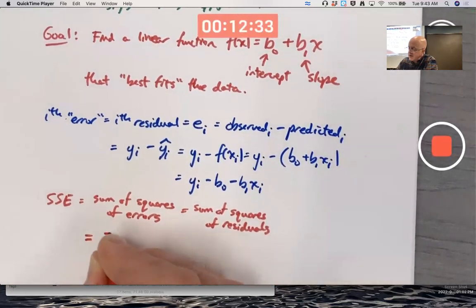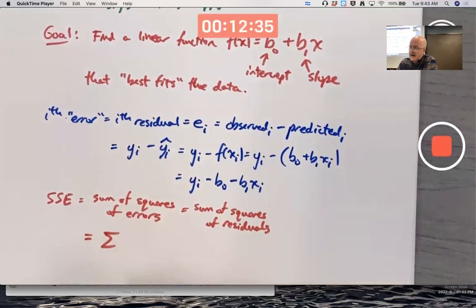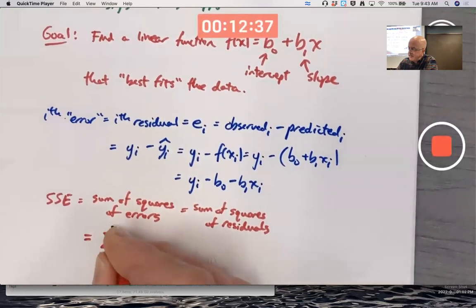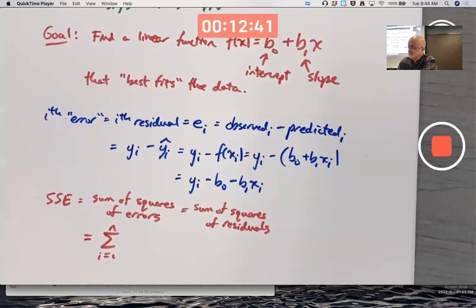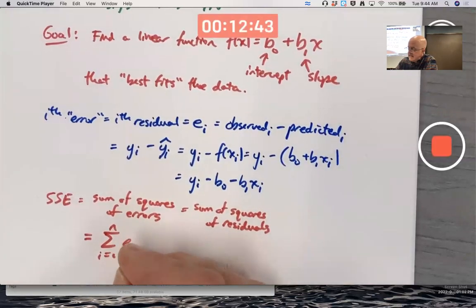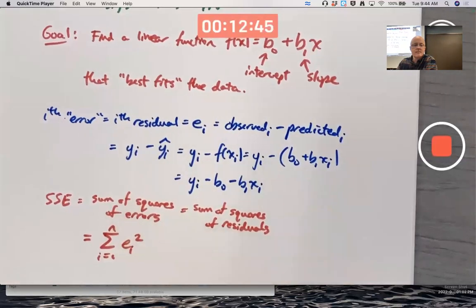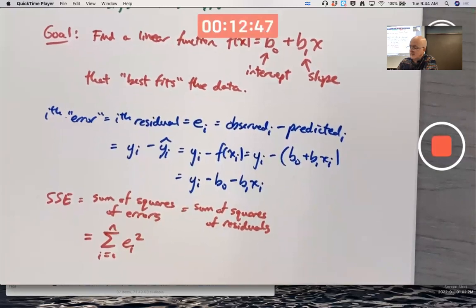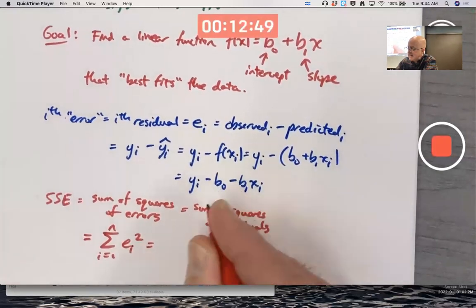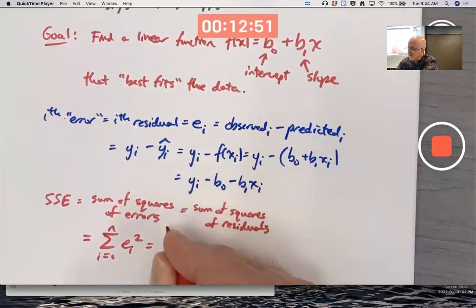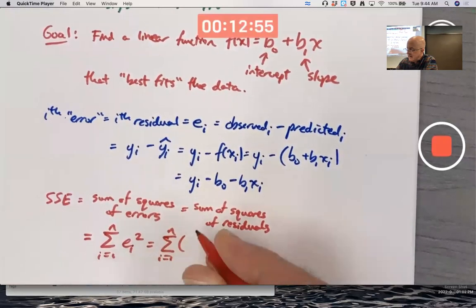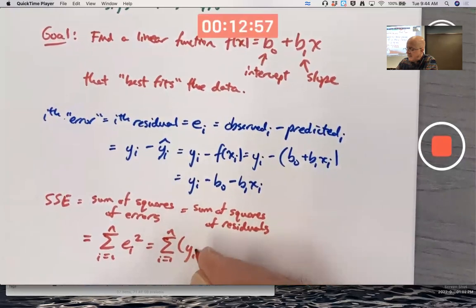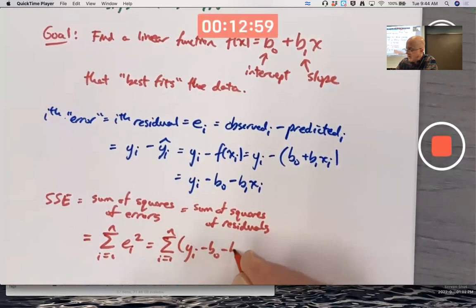So that is going to be a summation. In general, i goes from 1 to n, though for our problem, n is 4, of the e_i's squared. Which then, because the e_i's end up equaling this thing right here, it's the sum, i goes from 1 to n, of y_i minus b0 minus b1 x_i, quantity squared.